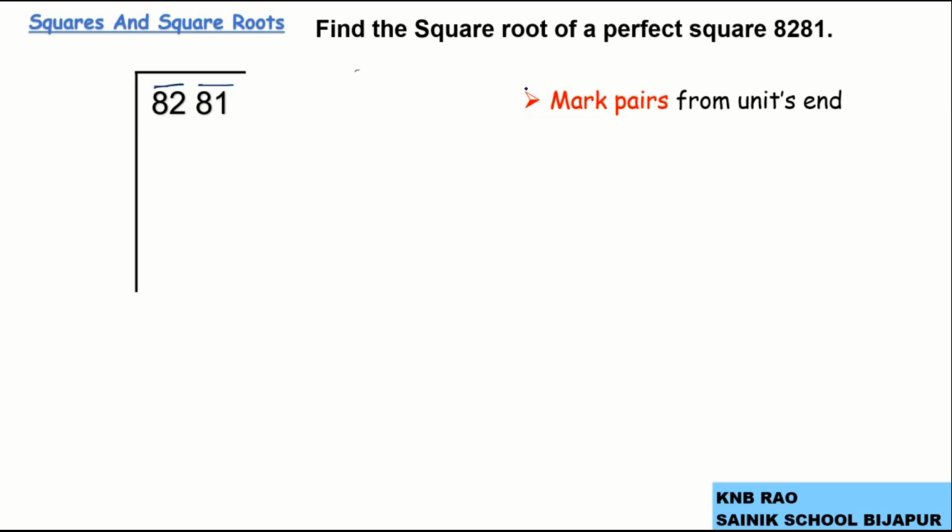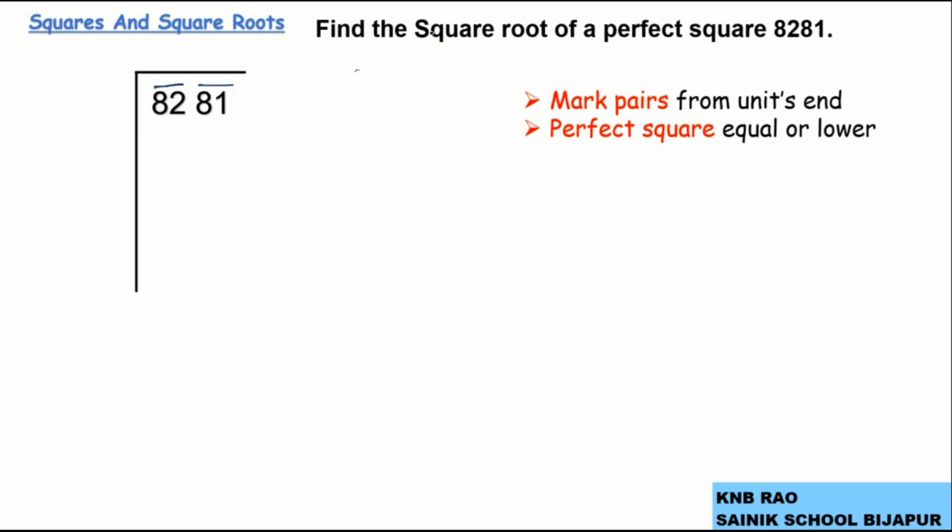Next, what is the next step, student? Next step is choose a perfect square equal or lower than the leftmost pair. So here leftmost pair is 82.